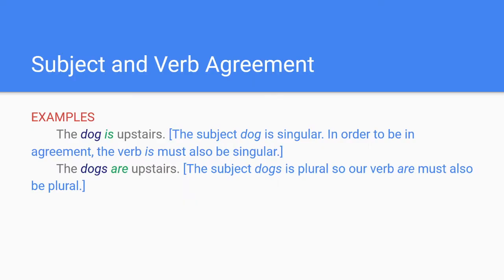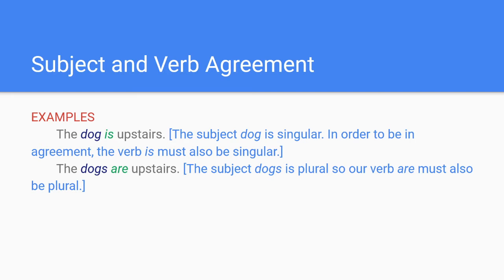The dog is upstairs. The sentence is telling us about a dog, singular. It's telling us that the dog is upstairs. Singular subject, singular verb. If we want to talk about multiple dogs being upstairs, dogs becomes plural, our verb becomes plural. So instead of is, we say are.